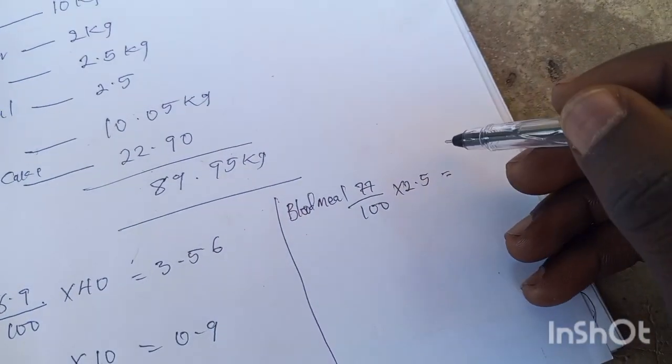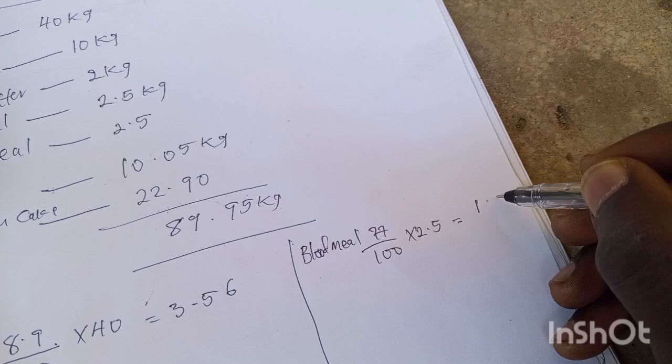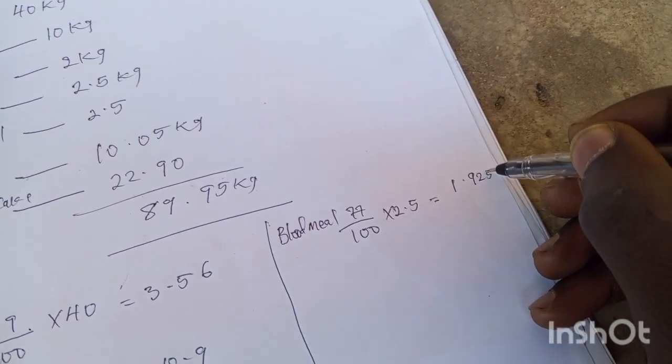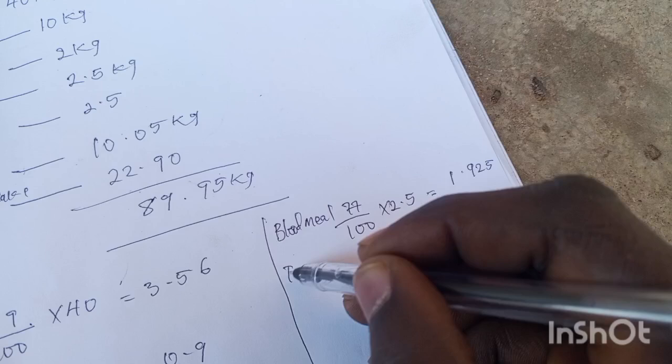Alright, so it's going to be equal to 1.925. Good. And then we come back to our fish meal.